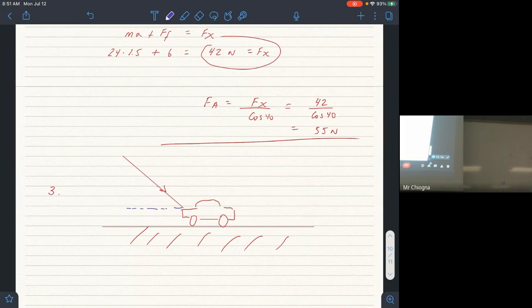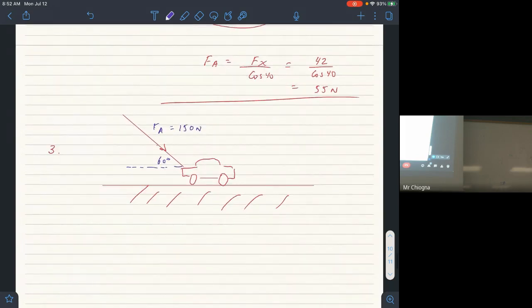Now you're pushing down another 150. So you have the applied force. Okay, the angle is 60. And don't forget, you still have friction.